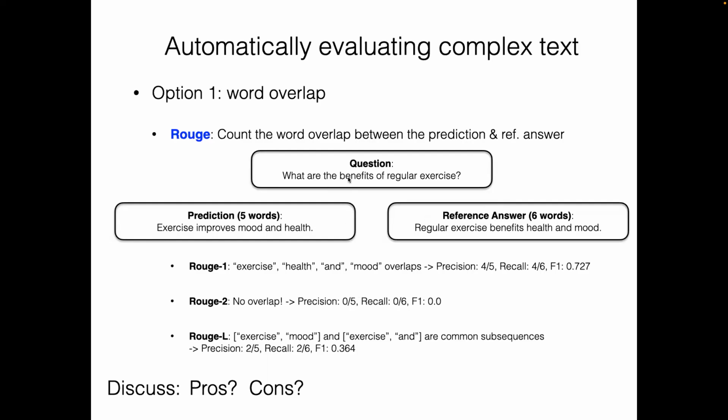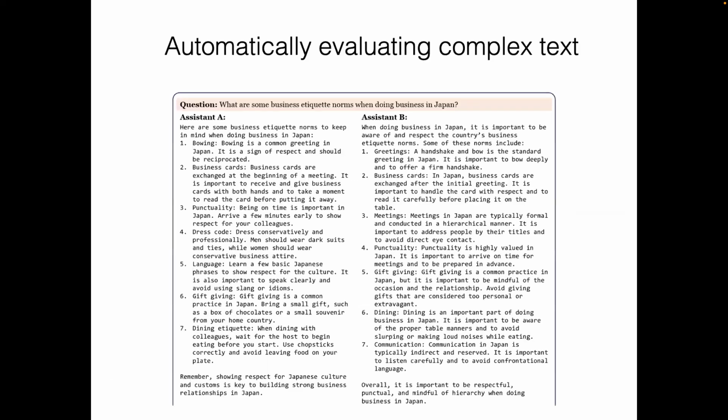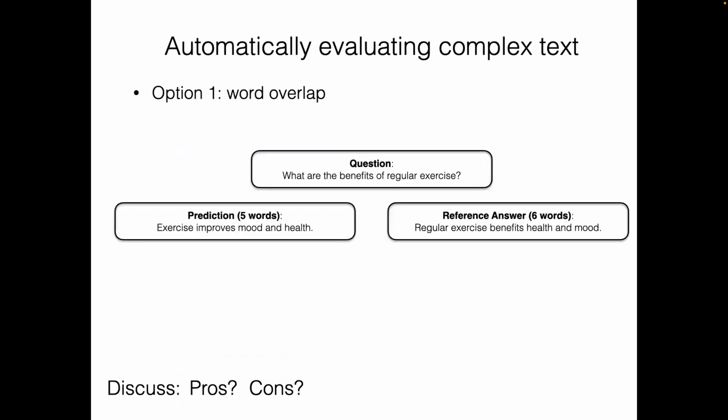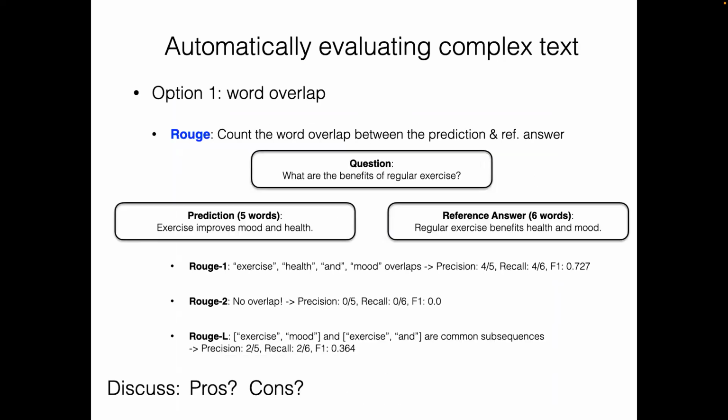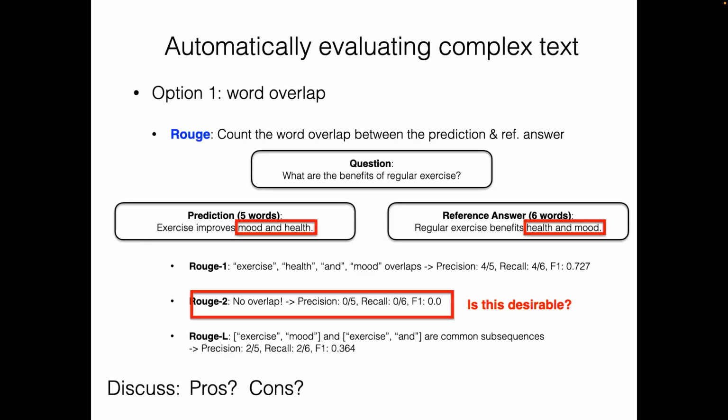There might be other good ways to answer this question, but this metric is only going to give you a high score if you're similar to this one. And so as the task gets more and more open-ended, this becomes a really big limitation. Okay, cool. These are great, just showing some weak points of this.